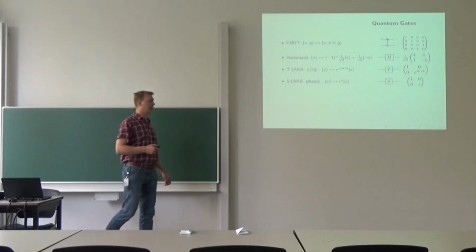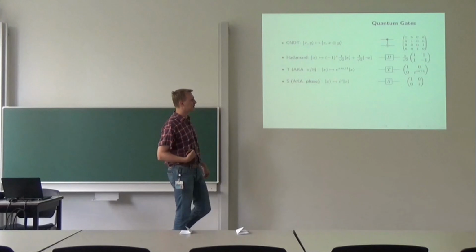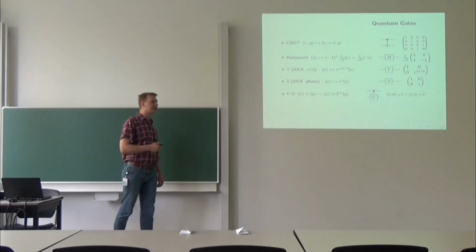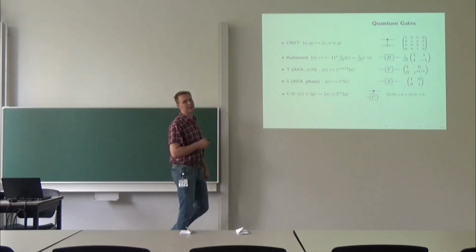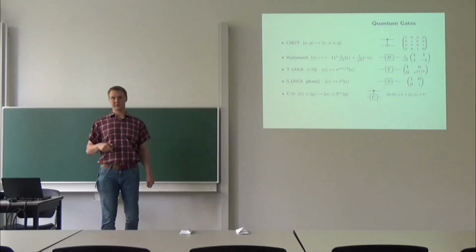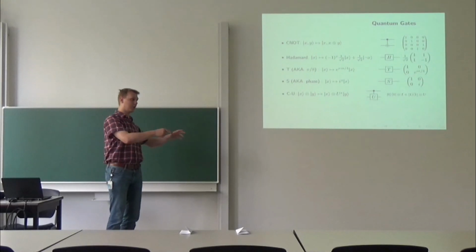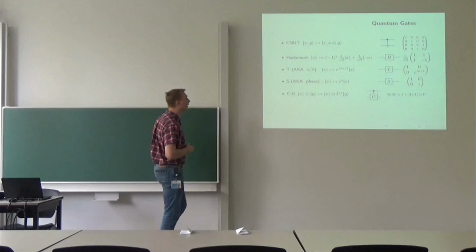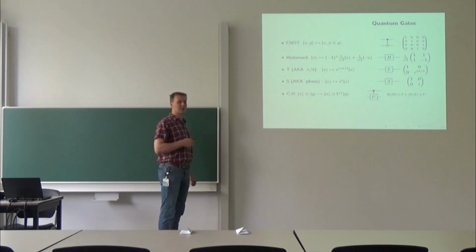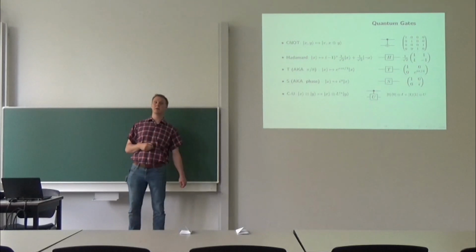Then there's the S gate, which applies a larger phase shift, and basically for any efficiently realizable unitary, we can generate the controlled unitary circuit, which applies the unitary circuit if the first qubit is set. If it is 0, it doesn't do anything.